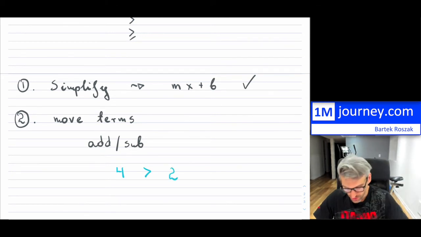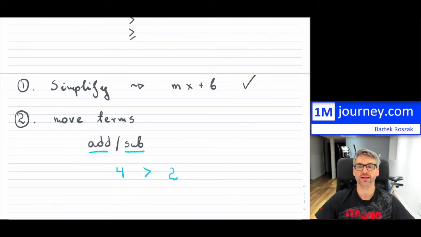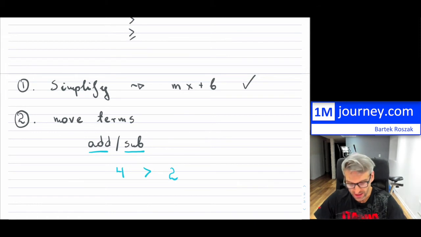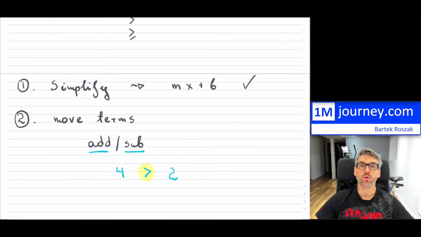Now, if I'm adding or subtracting something from the left-hand side and the right-hand side, does this change the inequality in any way? When we're doing equalities, we know that adding the same thing to the left-hand side and the right-hand side will not change the equality.